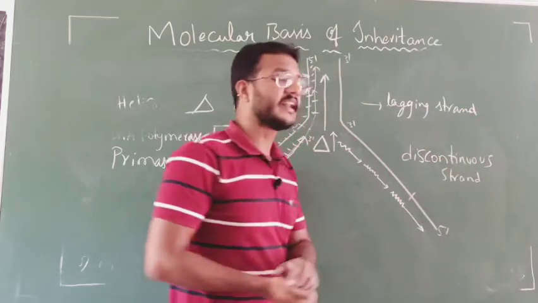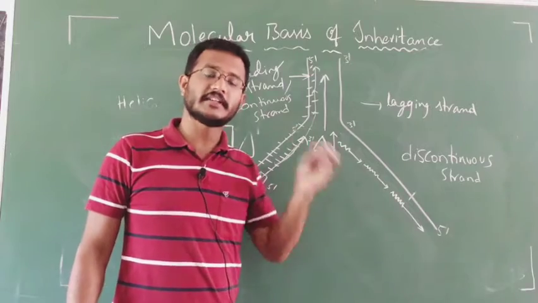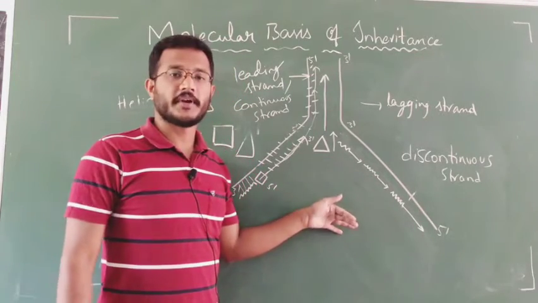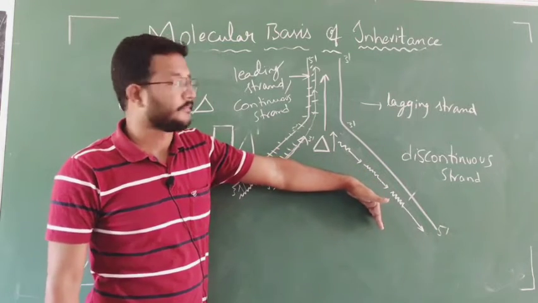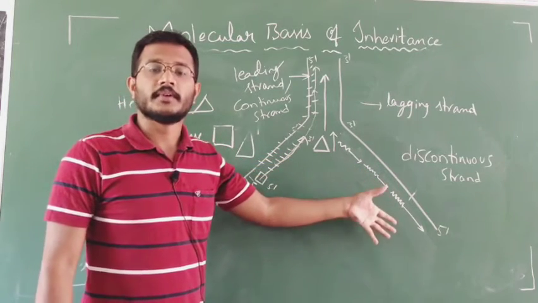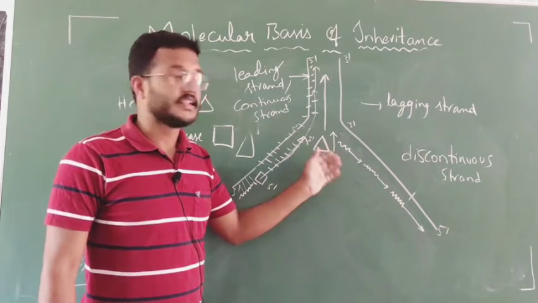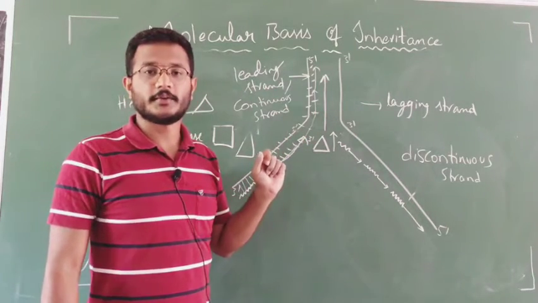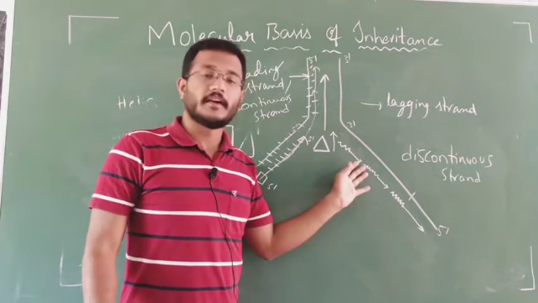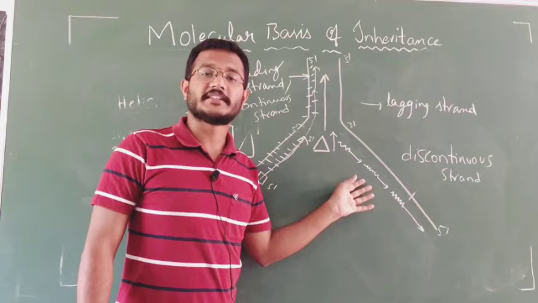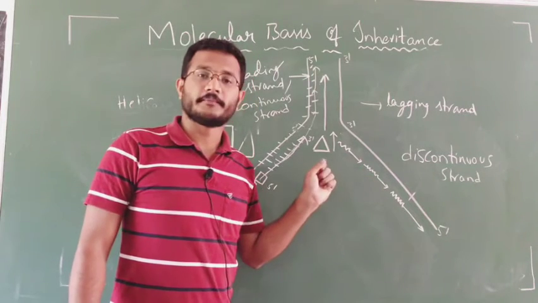See, this complexity arises due to the direction of DNA polymerase. DNA polymerase always functions from the 5 prime to 3 prime end. But here, while synthesizing this strand, it is making some complexity because the DNA helicase is in the opposite direction. So it cannot unwind immediately, and DNA polymerase cannot form the complementary strands immediately.